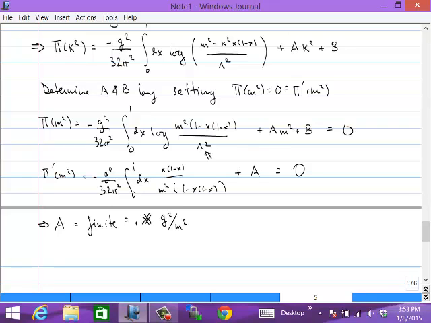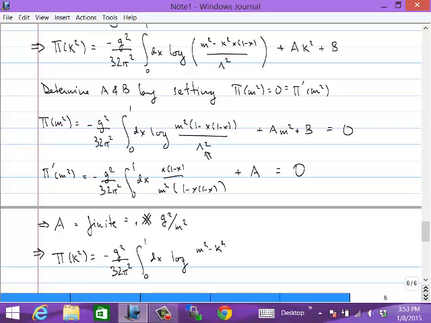So, for example, when you include that b term, you get a result for pi which has that minus g squared over 32 pi squared times the integral from 0 to 1 dx times the log of m squared minus k squared x times 1 minus x over m squared minus m squared x times 1 minus x.